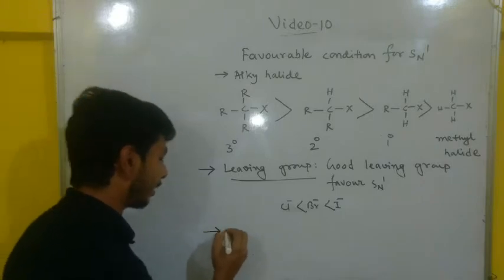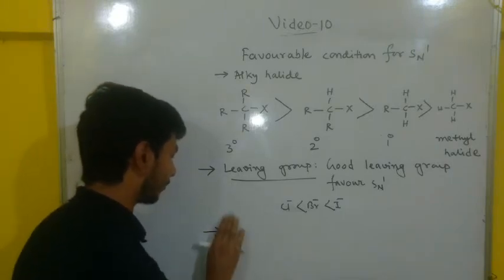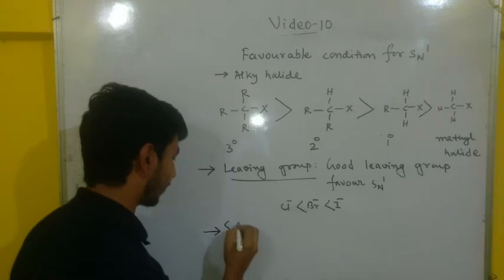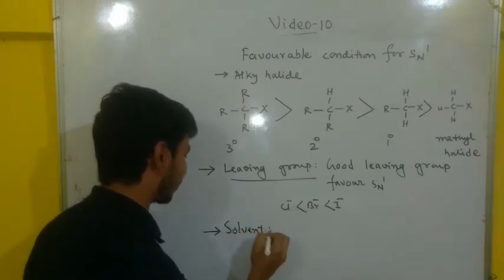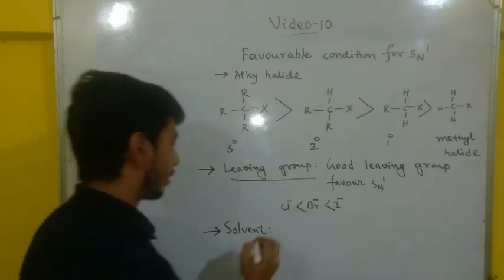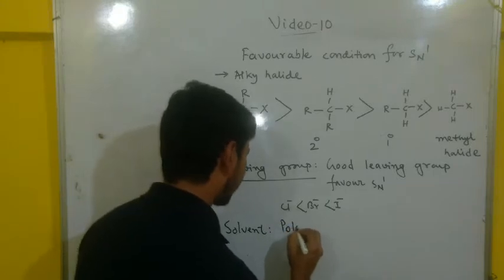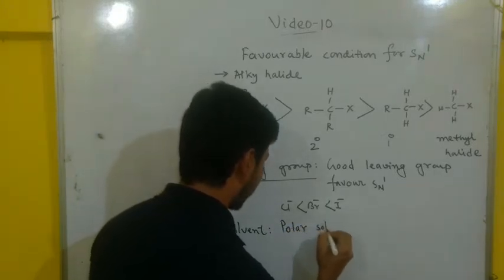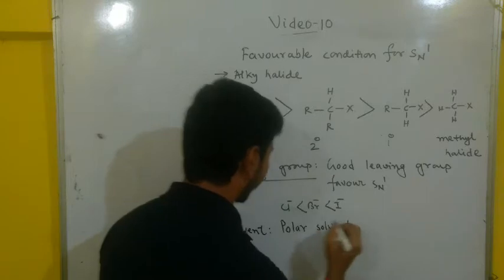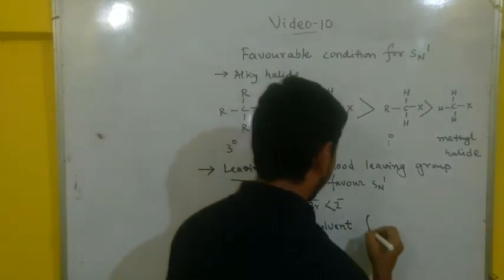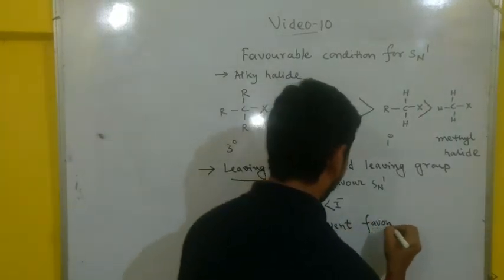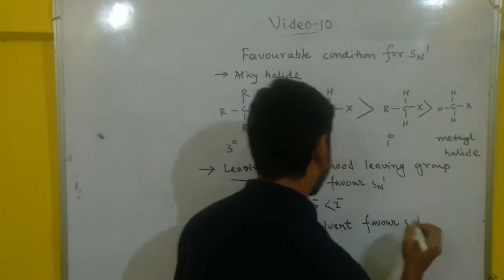Next, number 3 is solvent. Polar solvent favors SN1 reaction.